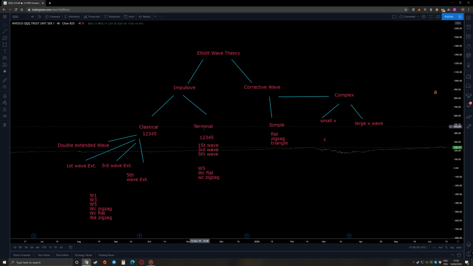Where you can see terminal moves, this. If you're in a wave B of a zigzag, and you're thinking that this wave C starts, then you have to know there's a possibility it can either be a terminal or it can be a classical. Then what you do, you wait, try to understand what the market is doing, and then you answer the question. Okay?